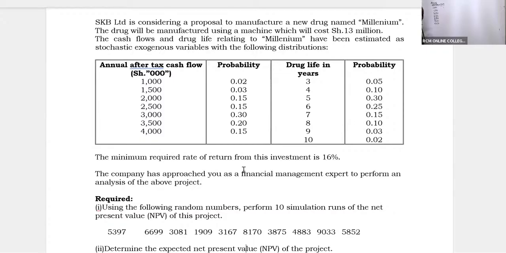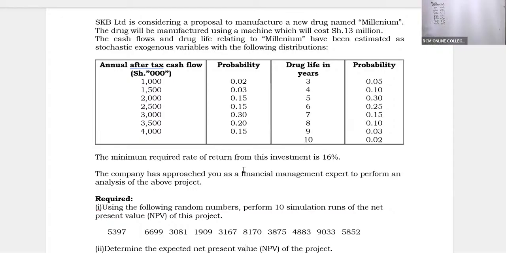And then we have probabilities. Our probabilities, I can see there 0.02, then 0.03, then 0.15, then 0.15, then 0.30, then 0.20, then 0.15, like that.